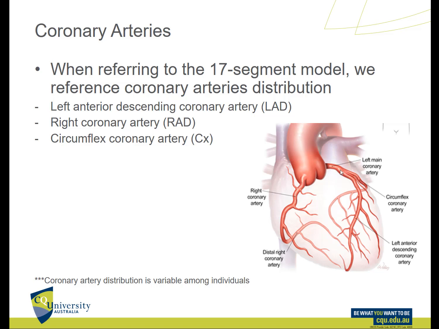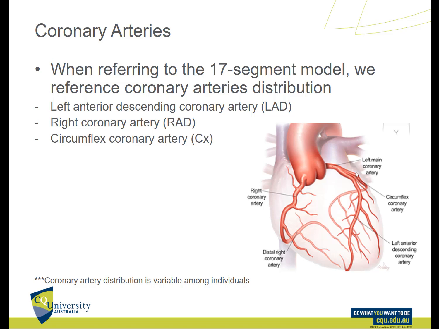We have a left main coronary artery and a right coronary artery that come off of this aortic root, and the right coronary artery supplies the right ventricle, the right atrium, and part of the left ventricle as well.